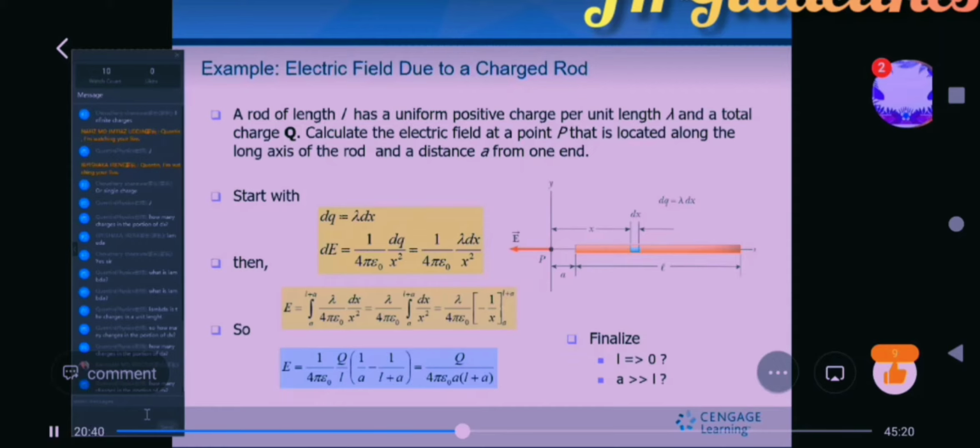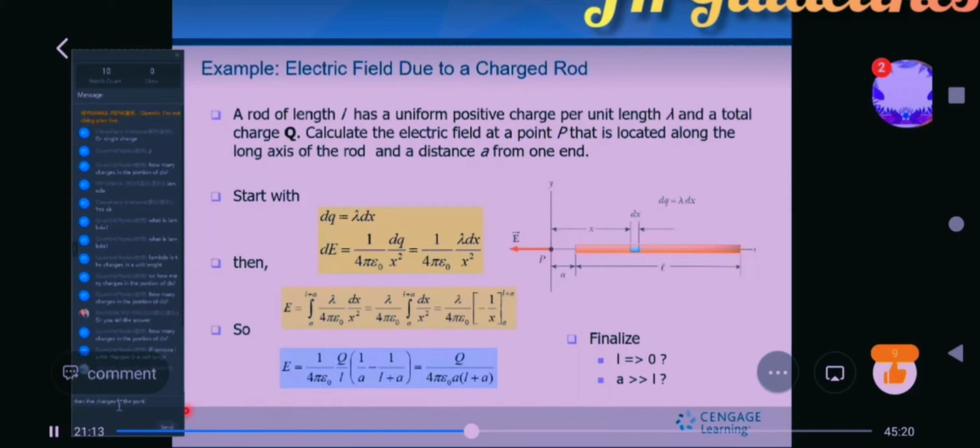Well, okay. So if lambda is the charges in a unit length, then the charges in the portion of dx is lambda times dx.